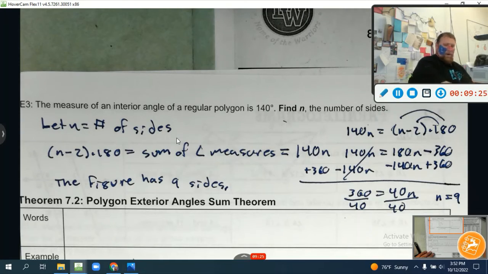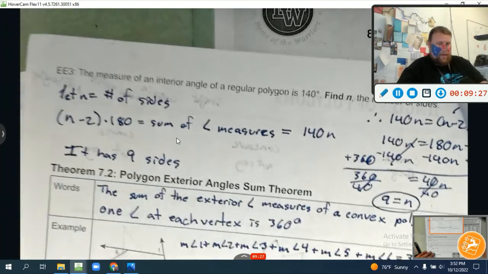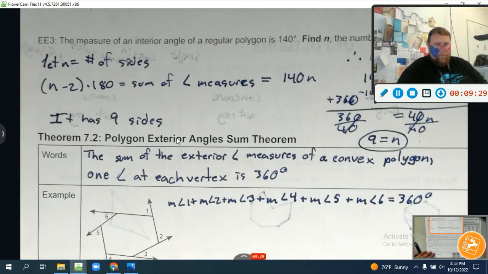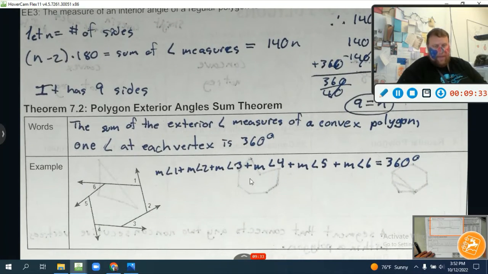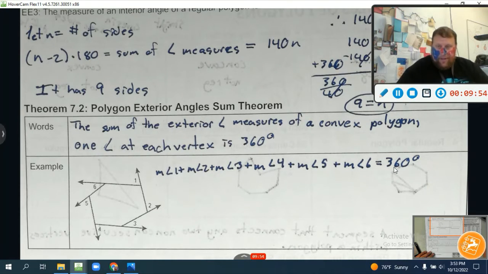I've got one more set of stuff you need to write down, which is the exterior angle sum. Now, the interior angles add up to n minus 2 times 180, but when I look at the exterior angles, so that angle made by drawing a straight line from the side out, and then that angle in between the next side and the line drawn, all the way around, when I add up all these exterior angles, they're always going to add up to 360 degrees, no matter how many sides it is.